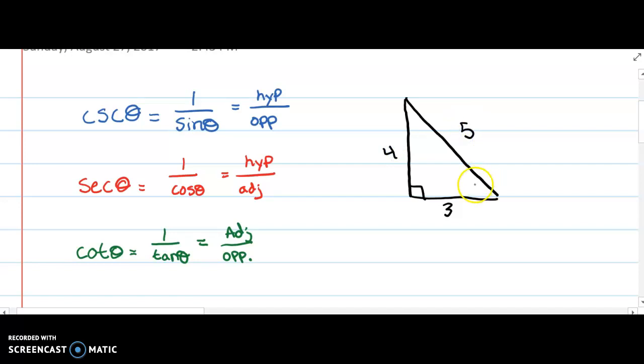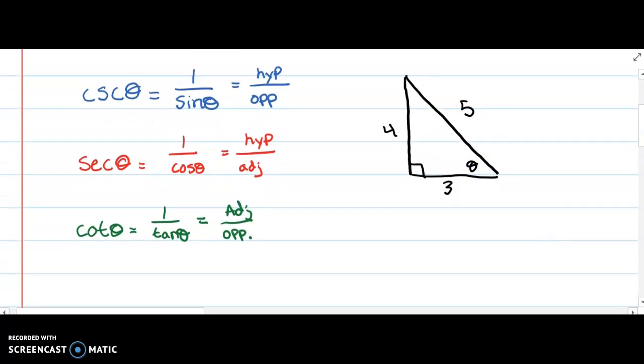And then let's just say theta is right here. Okay. So let's find the cosecant of theta. Okay. So let's label this first. So we have opposite, we have our hypotenuse, and then we have our adjacent.